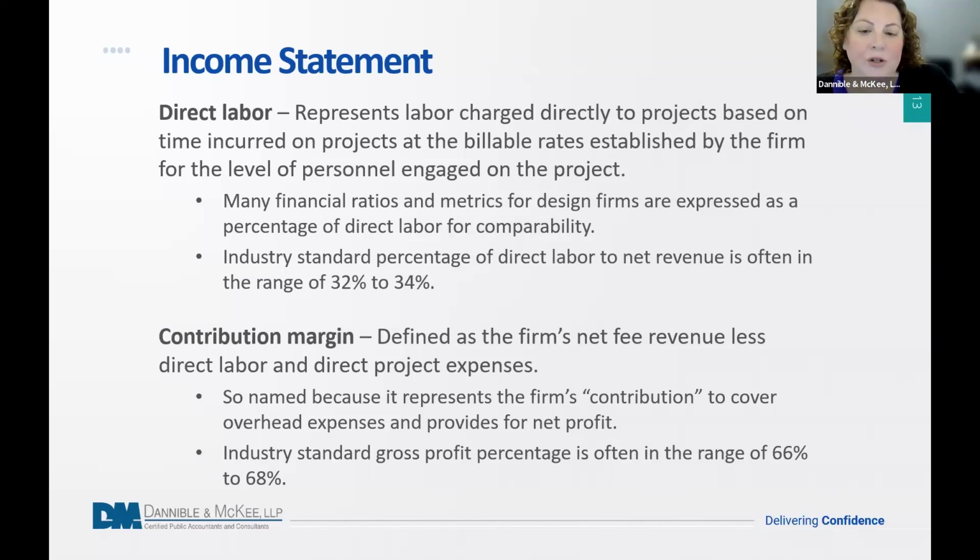So industry standards roughly are in the range of 66 to 68 for a contribution margin. If your firm's not within that range, it's something you want to take a look at. This is all based off of PSMJ, in our own industry analysis of where we see firms.